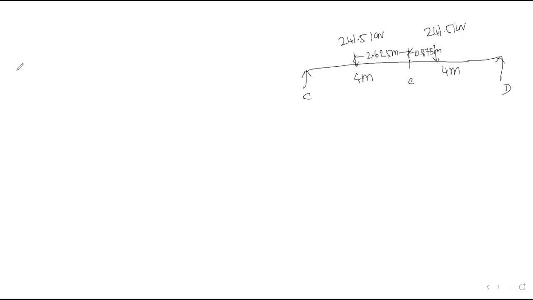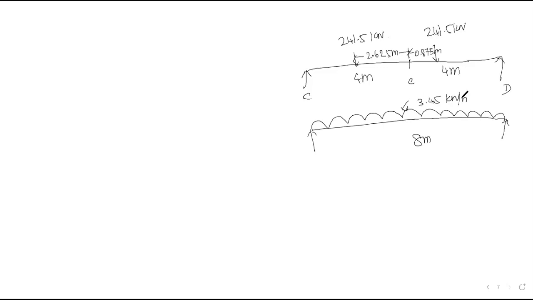Over the 8 meter span, the total UDL we have is 3.45 kilonewton per meter as a dead load. Let us now find the bending moment due to live load, that is nothing but the wheel load.